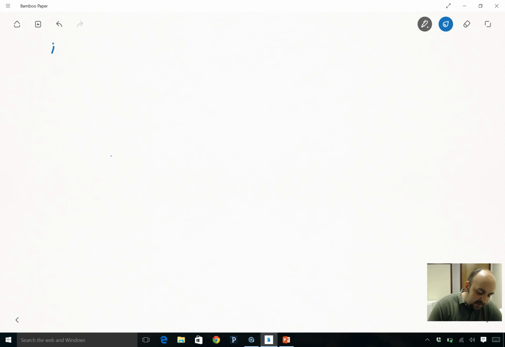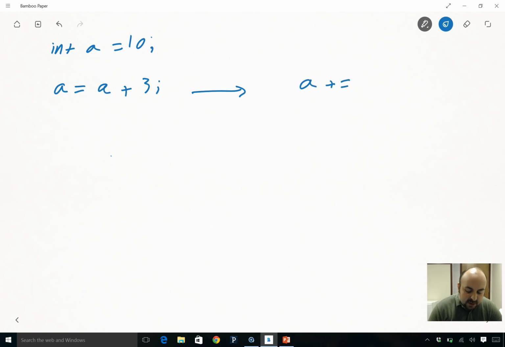So let's say you have int a equal 10, and you wanted to do some sort of operation, so let's say you wanted to say a equals a plus 3. So there's a lot of writing. You could actually save on writing. Instead of this, you could write it as a plus equal 3.